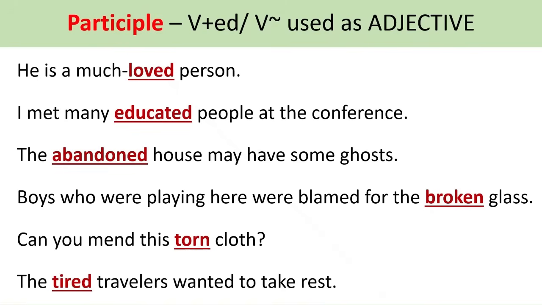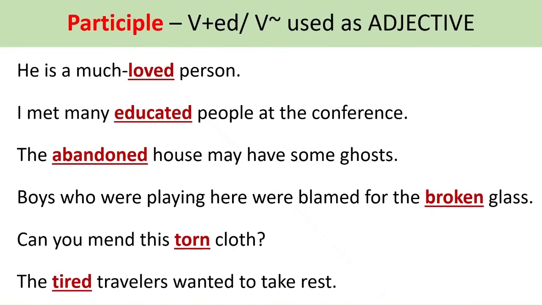They are past participles, but they do not follow the ed pattern. They are irregular. Break, broke, broken. Tear, tore, torn. These are the forms. And then you have also the use, which is an adjective use.